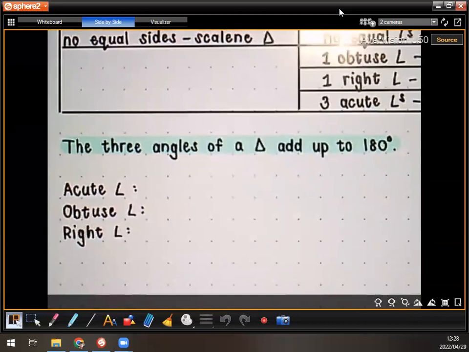Then I just want us to quickly write down what an acute angle, an obtuse angle and a right angle are. Because in this table, we have referred to these types of angles, but we might not actually know what those angles are.